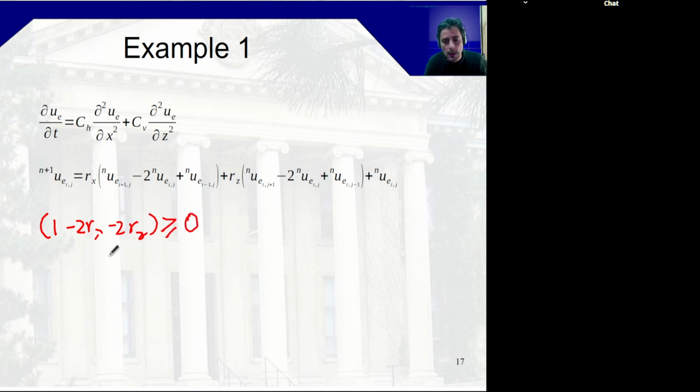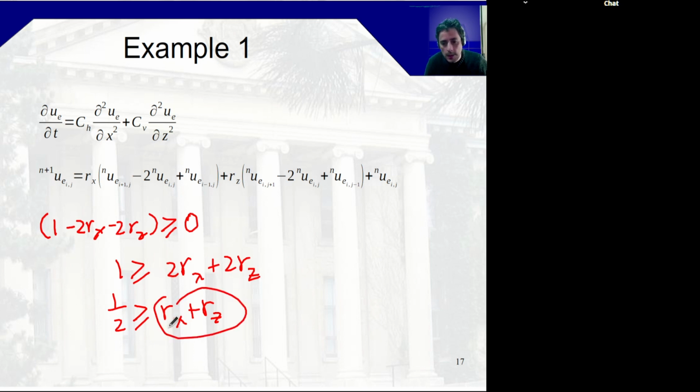That implies that 1 is larger or equal to 2Rx plus 2Rz, so 1/2 is larger or equal to Rx plus Rz. So the sum of the two R's must be smaller or equal to 1/2.